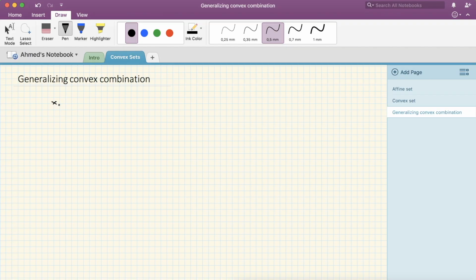So given endpoints x1 up till xn, they're also in Rm, then a convex combination is alpha 1 x1 plus alpha 2 x2 all the way down to alpha n xn. But here to grab the notion that this set is closed, like we said before, when I say closed, I don't mean a closed set, no. I mean it admits endpoints, right? So to grab this notion, all your alphas should sum up to 1.